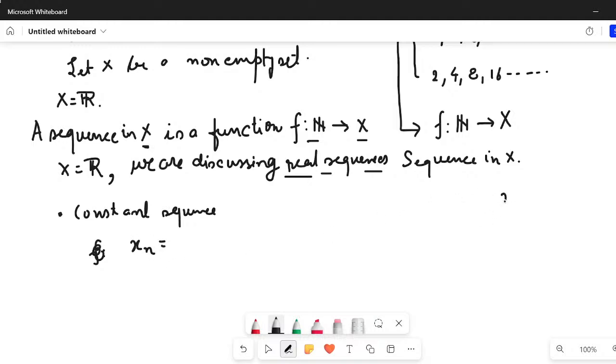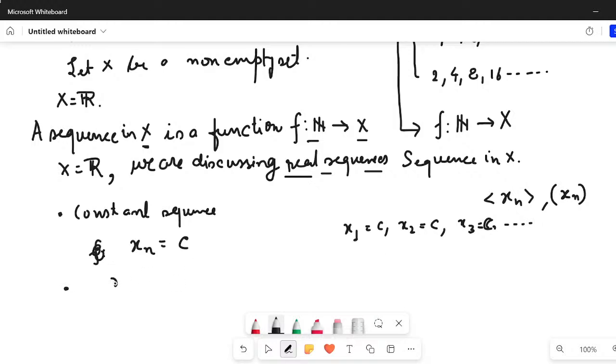Most often in books you'll find this kind of notation or this kind of notation. If I want to find the first term, it will be C. The second term will again be C. The third term will be C, and so on. So all the terms in the sequence will be the constant C.